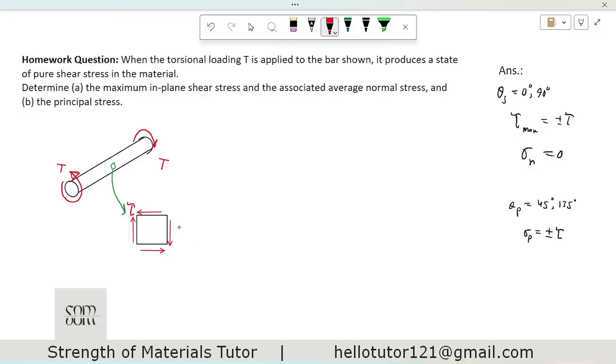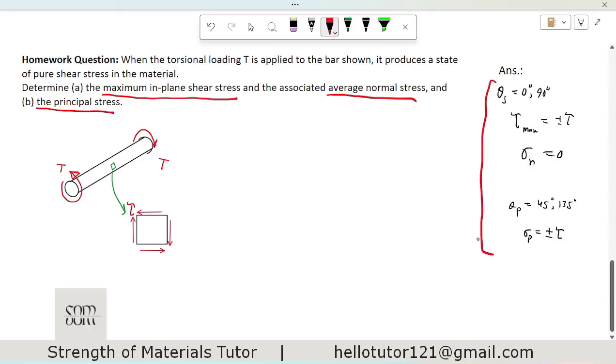You can see there are no normal stresses, and what you have to do is determine the maximum in-plane shear stress, and also the average normal stresses on each plane where maximum in-plane shear stress exists. And also you have to find the principal stresses. So this is your problem, and these are the answers. So you can try using your pen and paper.